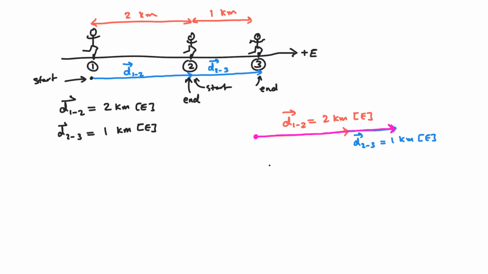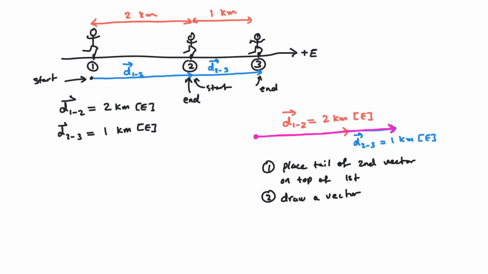Step 1 is to place the tail of the second vector on top of the first, and step 2 is to draw a vector.